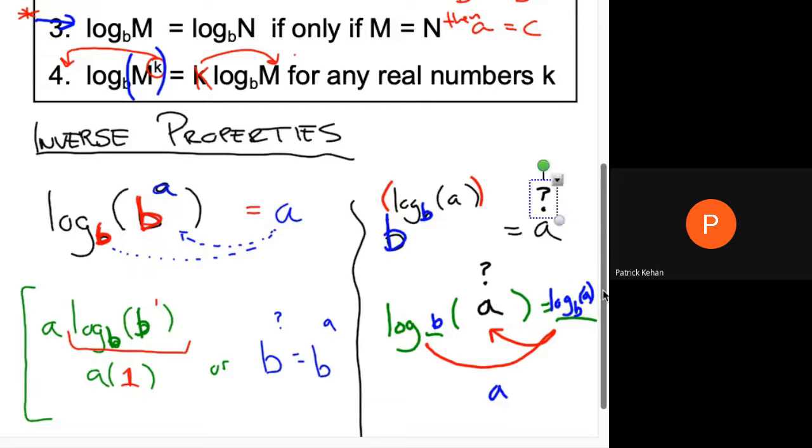It's a little harder to make sense of in this case, but the key thing is, if you have a power where the base of the power is the same base as the logarithm in the exponent, then this is going to simplify straight to just a, the value inside the argument. So those are our log properties, and we'll get into some examples.